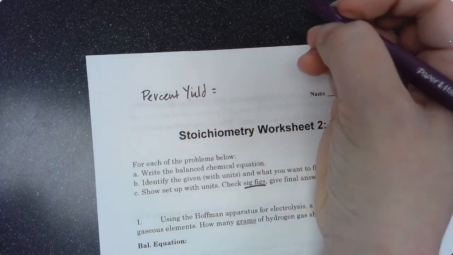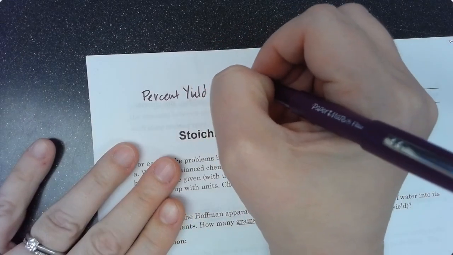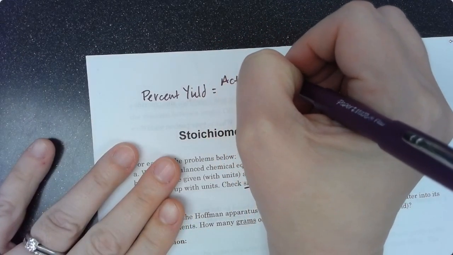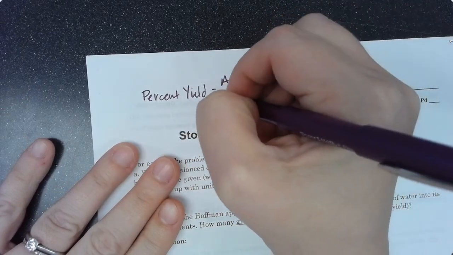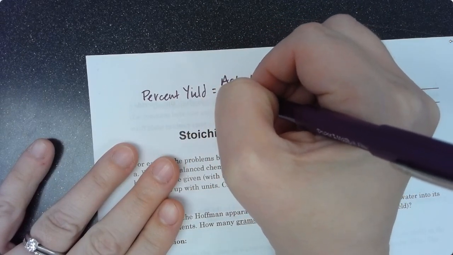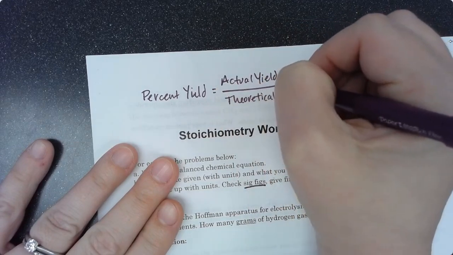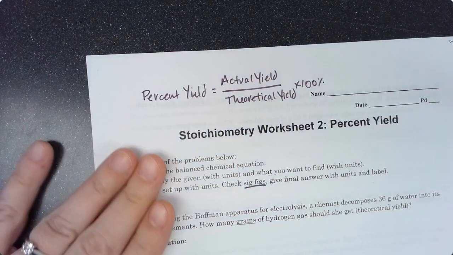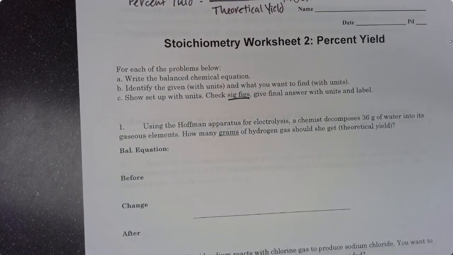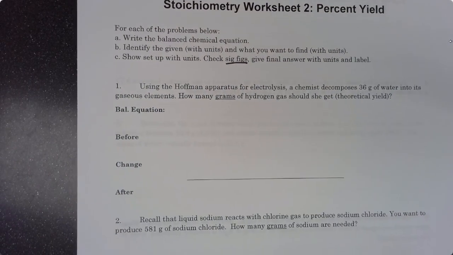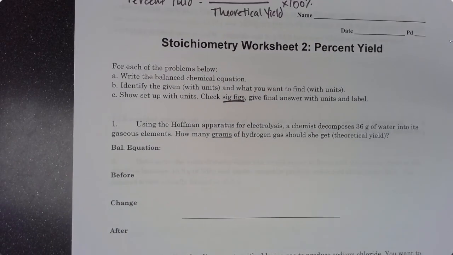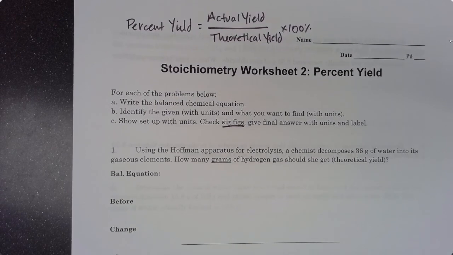So it's going to be our actual yield divided by our theoretical yield times 100% because percentages. Okay, so everybody have that: actual yield divided by theoretical yield.